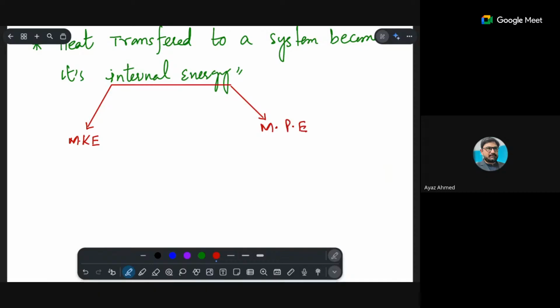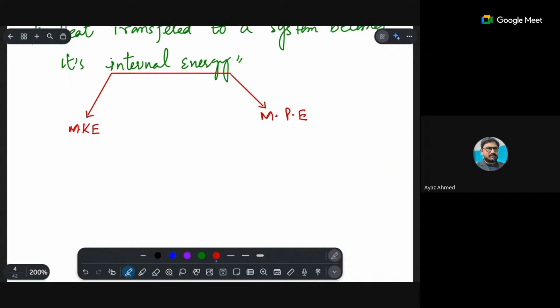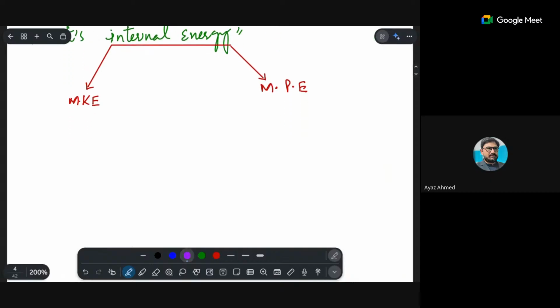So, beta, from here, my topic is divided into two parts. When I'm talking about the change in molecular kinetic energy, I'm talking about change in temperature, and I will deal with all this in the topic of specific heat capacity.